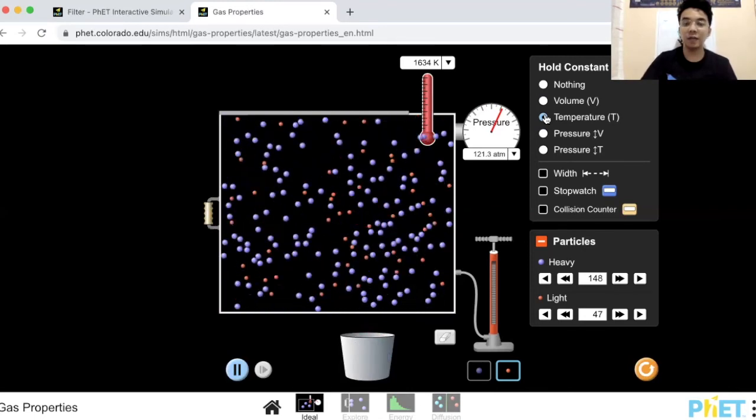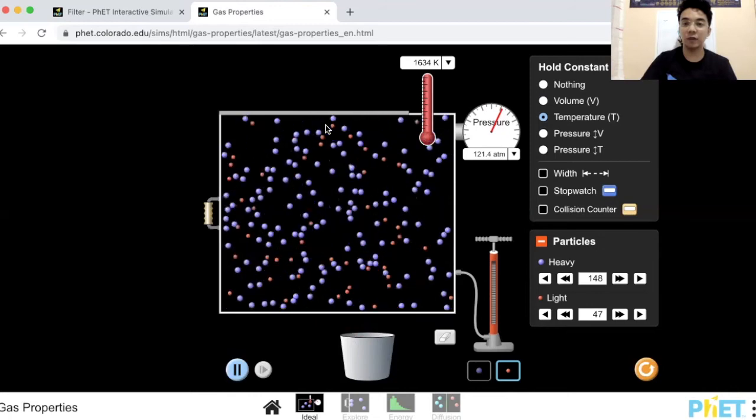Lastly, take a look at the pressure as we try to change the volume of the gas.